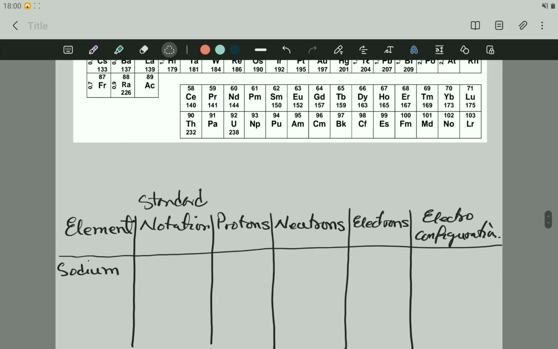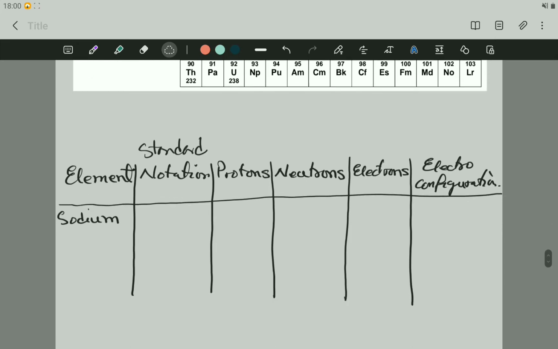Now, this table has the following columns. Element, we're going to start with sodium, we're going to do another three. We have a standard notation. Let's just remember what is standard notation. Now, standard notation, remember you use the symbol of the element with an X. Right on the left top side, you will write the atomic mass, and at the bottom, you will write the atomic number.